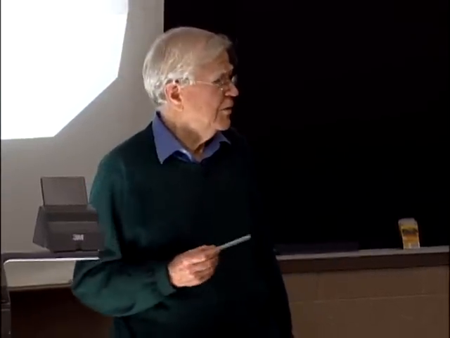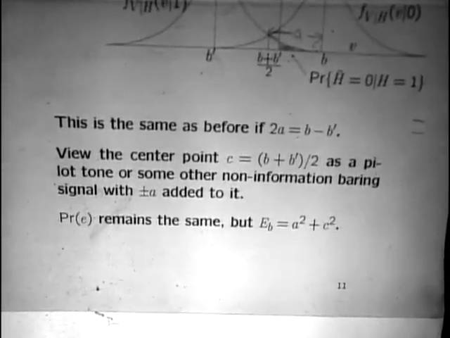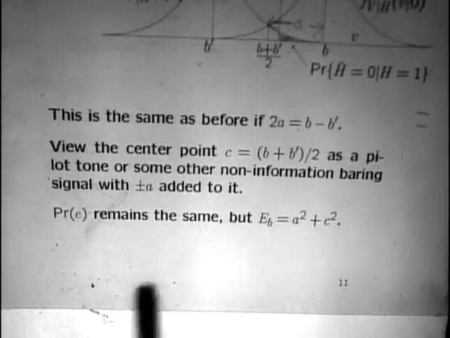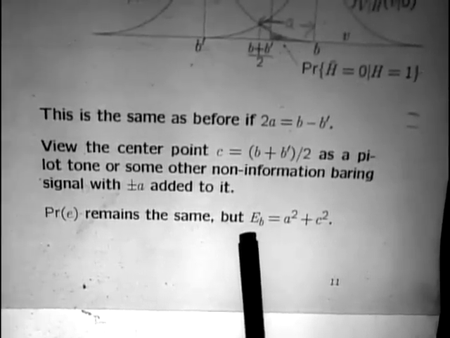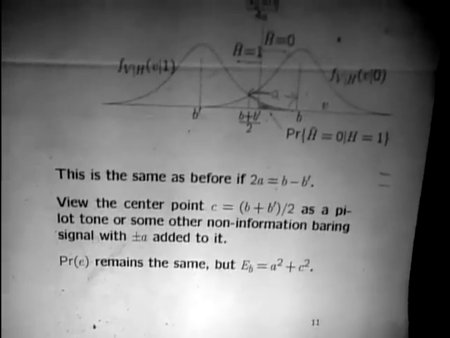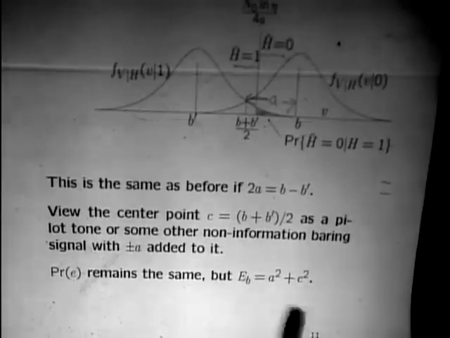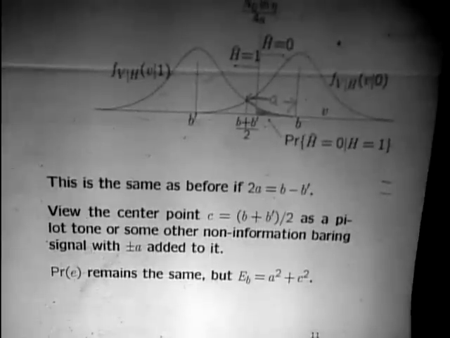Because of that, you get a very clear-cut idea of what it's costing you to send that pilot tone. Because in fact, what you've done is to just increase this energy, which we talk about in terms of dB. If C is equal to A in this case, which, as we'll see, is a common thing that happens in a lot of systems, what you've lost is a factor of 3 dB, because you're using twice as much energy, which is 3 dB more energy than you have to use for the pure communication.